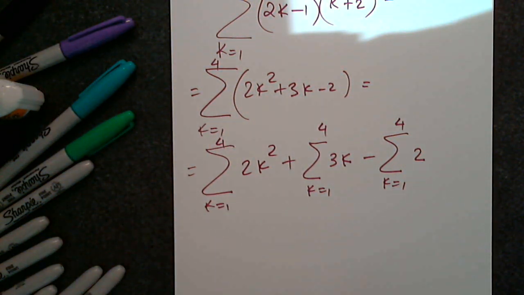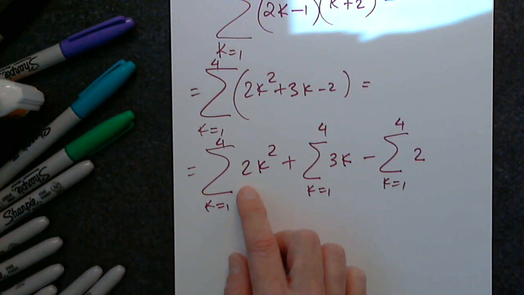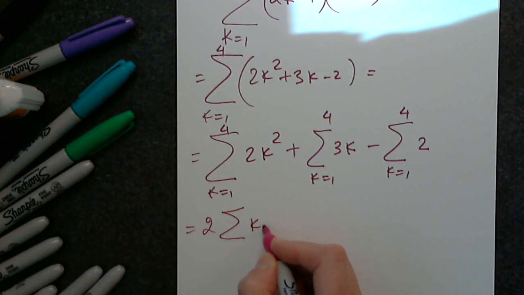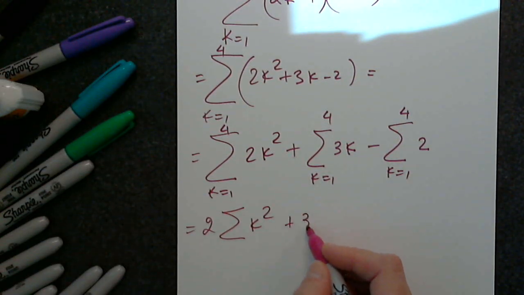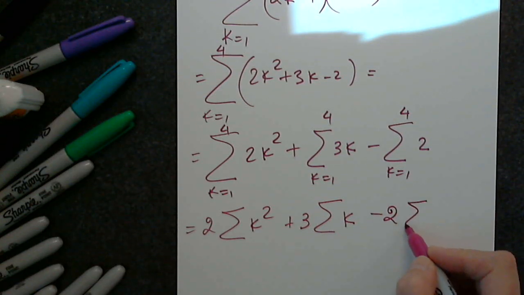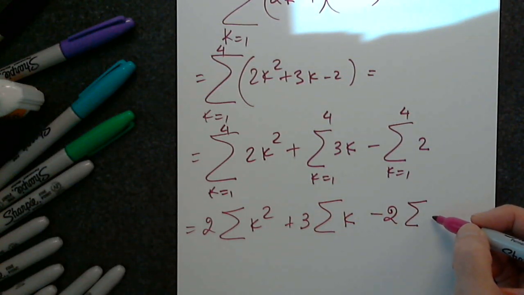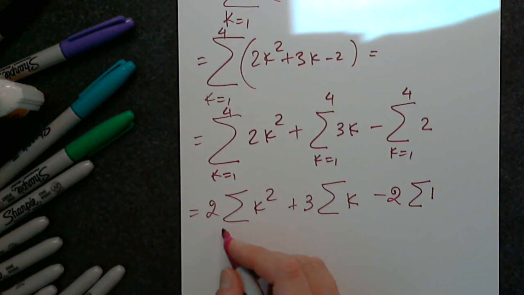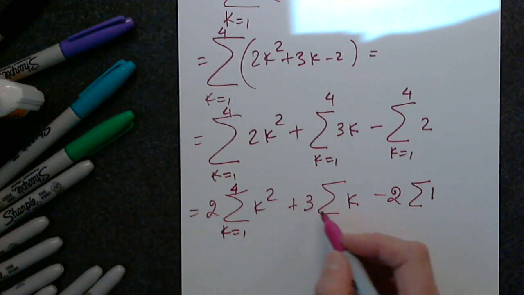Okay. Here I see a constant. I can put it in front. So this is 2 times the sum of k squared. The next one is 3 times the sum of k. And the last one is negative 2 times the sum of 1. Of course, all of them from 1 to 4.